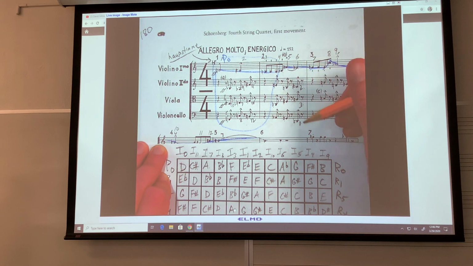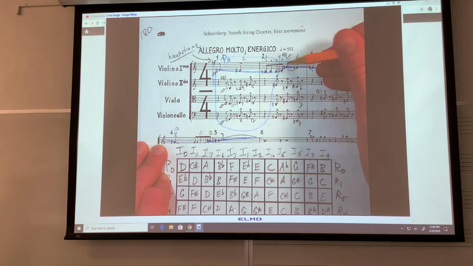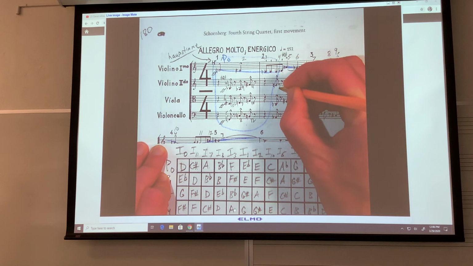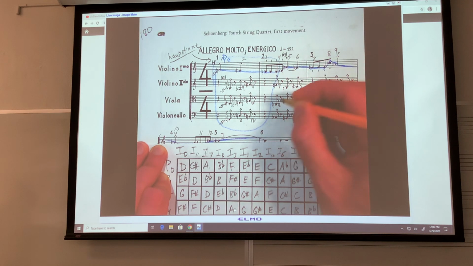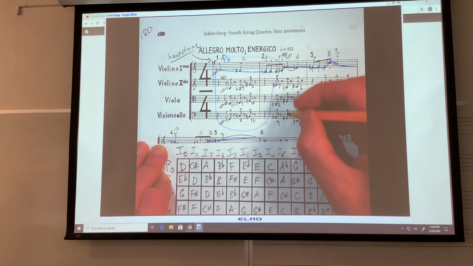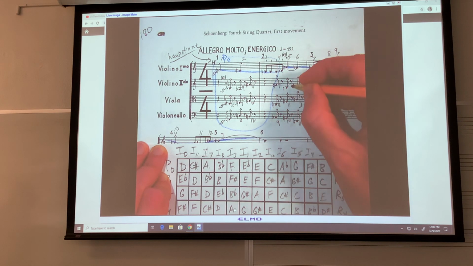Let's try D, C sharp, A, B flat, F, E flat, E, C, A flat, G, F sharp, B natural.